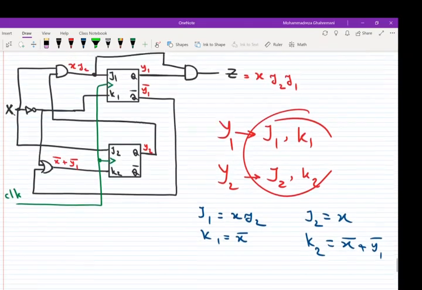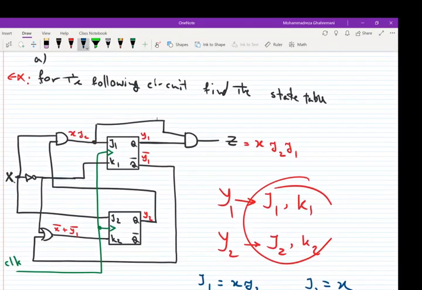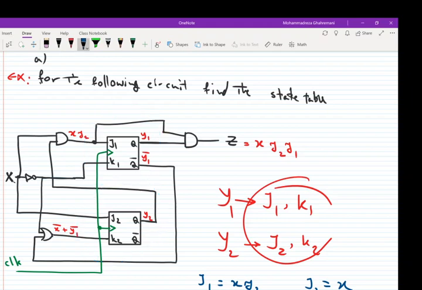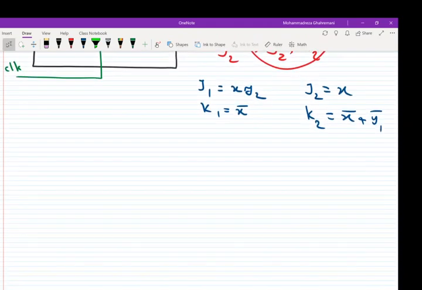We should draw the state table for each individual flip-flop and then combine those tables. Okay, so let's do that.